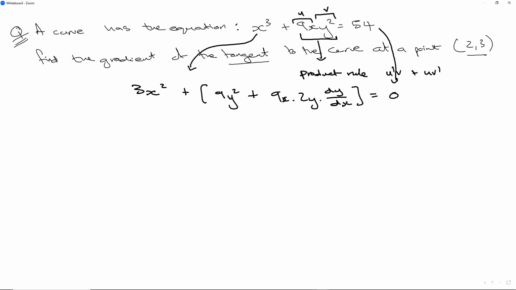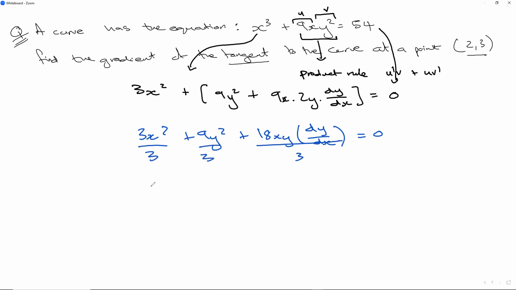Okay, I just need to neaten this up now and get dy/dx, which is going to be my gradient. Okay, so here we go. I've got 3x squared plus 9y squared plus 18xy times dy/dx, which is equal to 0. I can divide everything by 3 all the way across, so I might as well do that now.